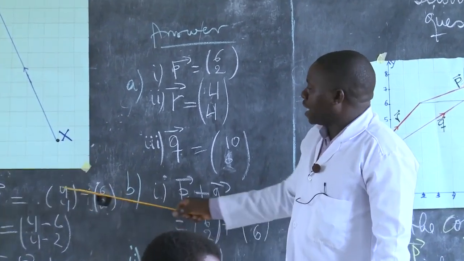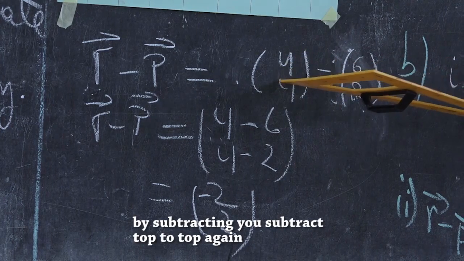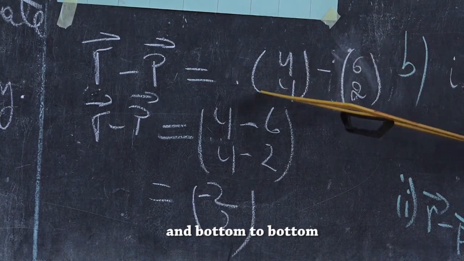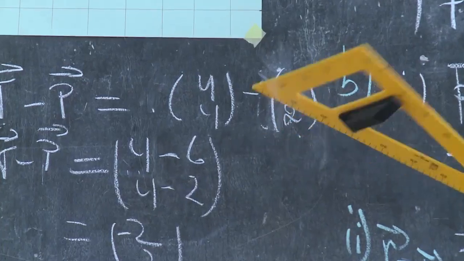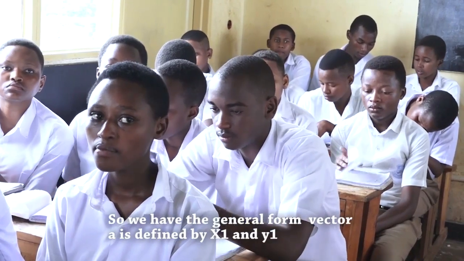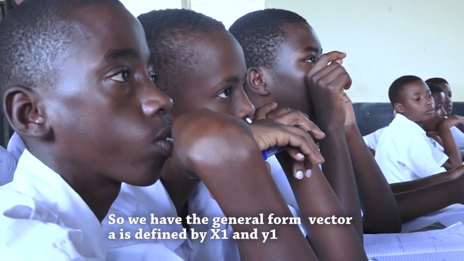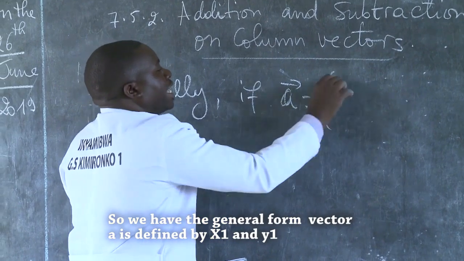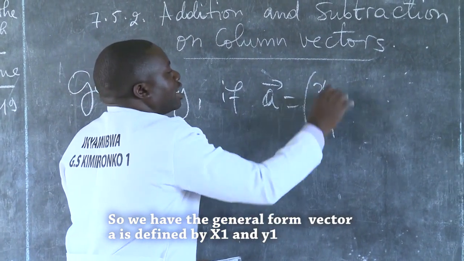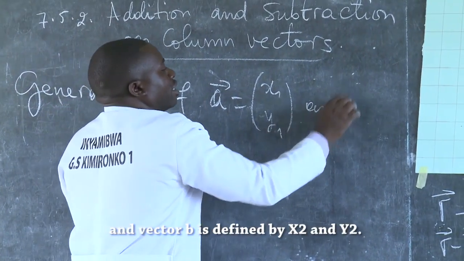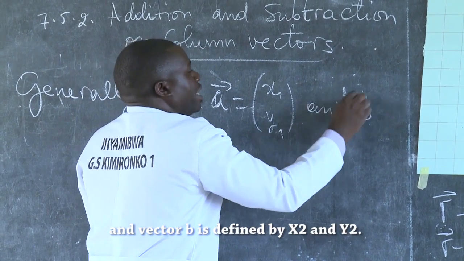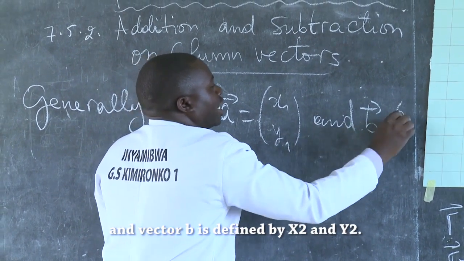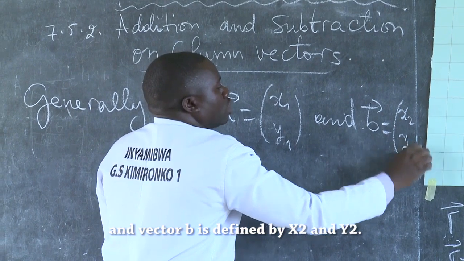By subtracting, we subtract top from top and bottom from bottom. Suppose that we have a general form. Vector A is defined by x1, y1, and vector B defined by x2, y2.